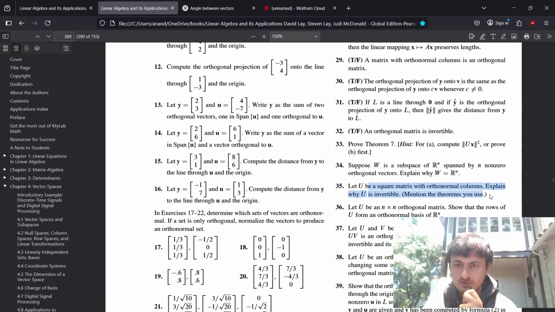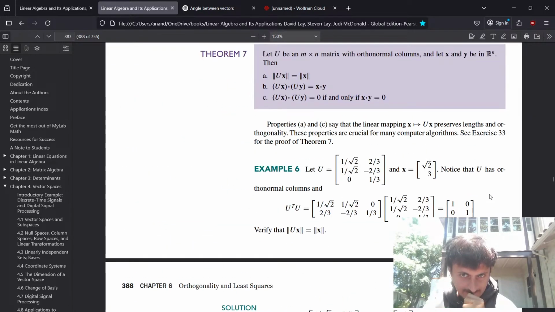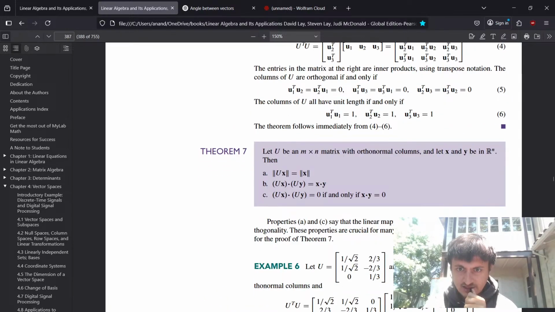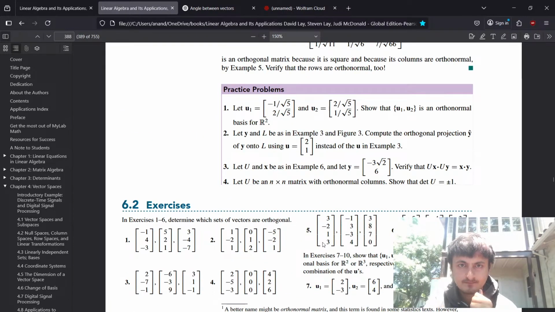Explain why U is invertible. There's a theorem here. By theorem 6.